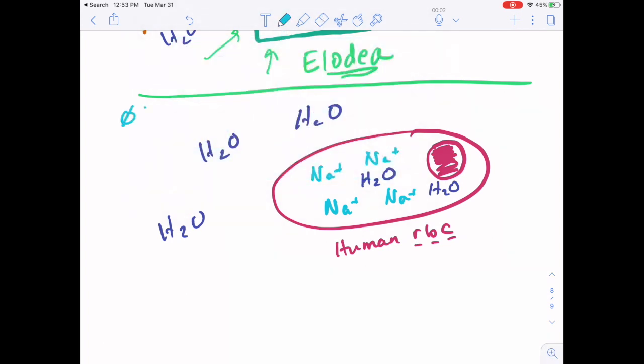Okay, so no sodium outside. So here we've got a high concentration of sodium inside the cell, but low or no sodium outside the cell. This isn't hypertonic. This is what we call a hypotonic solution. And remember, I'm abbreviating solution with SOL'N.